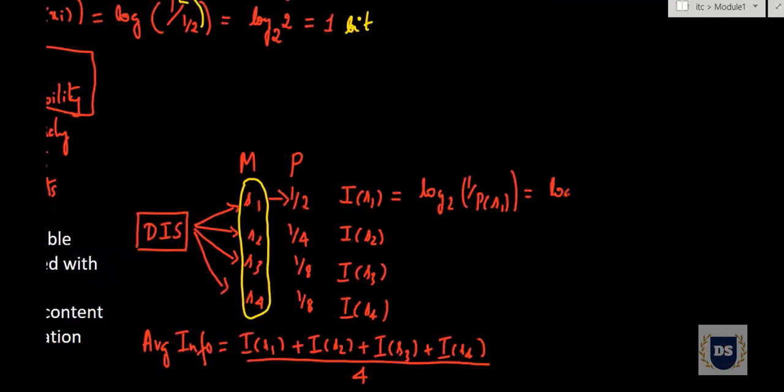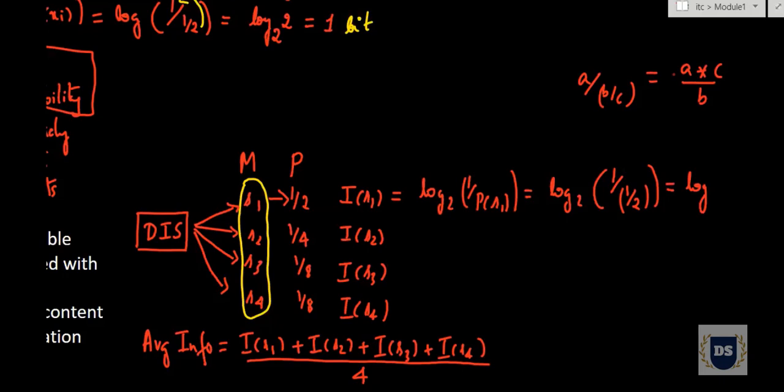So this is equal to log to the base 2 of 1 divided by 1/2, substituting 1/2 in place of p of S1. I can take this 2 to the numerator, because we know that a divided by b by c can be rewritten as a times c divided by b.